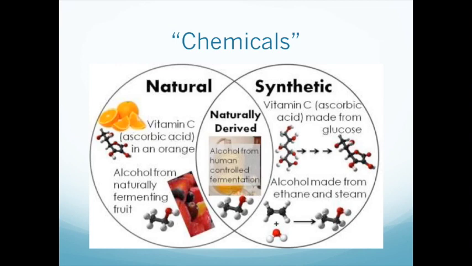And then there's a crossover for alcohol because when you create a human-controlled fermentation using yeast or bacteria, you're harnessing a biological process which is technically natural, but you are stimulating it beyond what it may naturally be capable of producing. And so it's sort of both natural and synthetic.